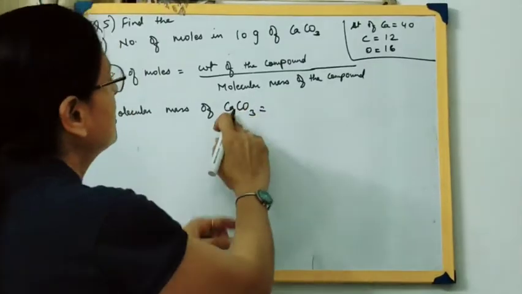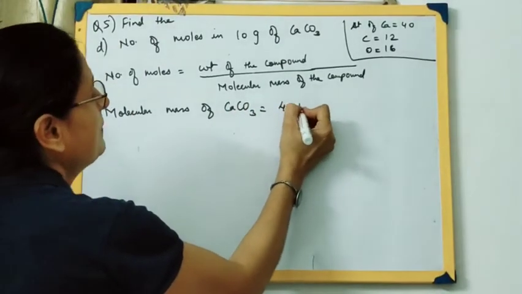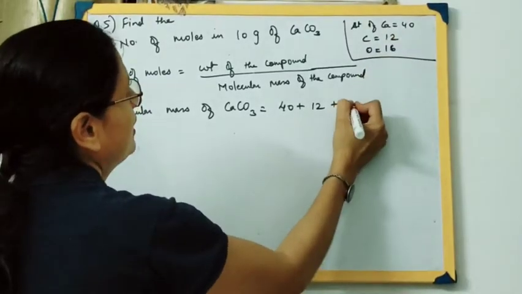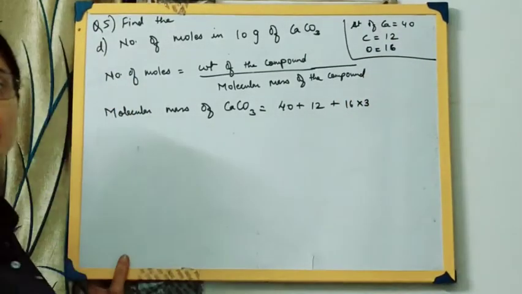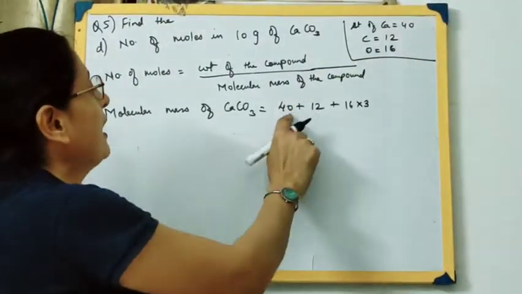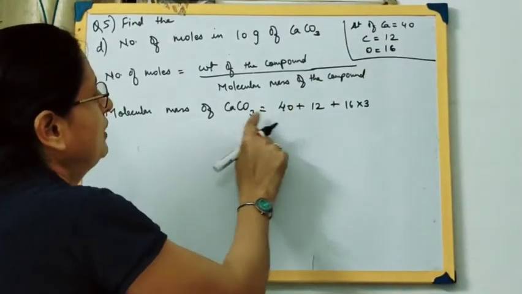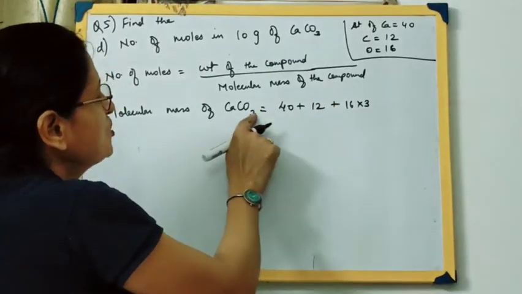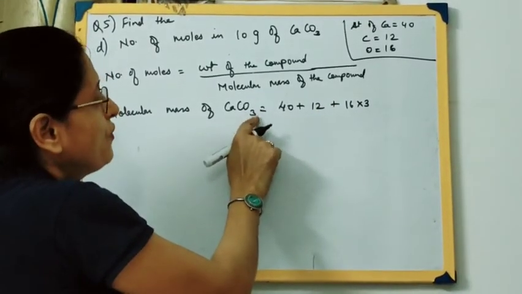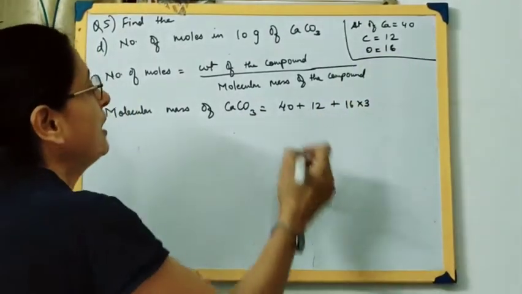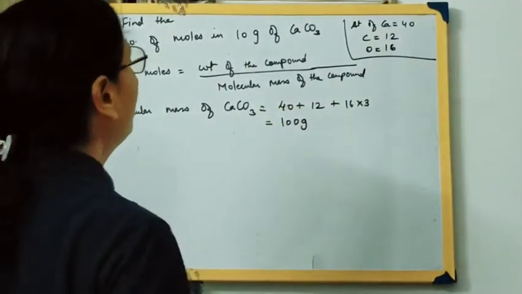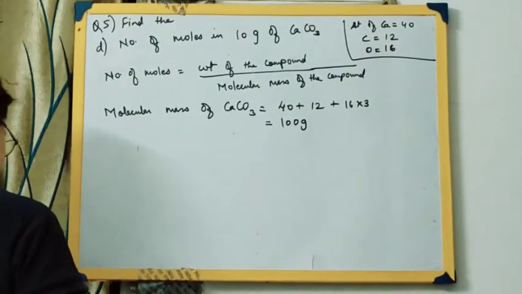So calcium is 40 plus carbon is 12 plus oxygen is 16 into 3. Look here students, pay attention. Calcium is 40, so we substitute over here. Carbon is 12 plus oxygen: 3 atoms of oxygen, so 16 into 3. If you add it all up, you will get 100 grams.